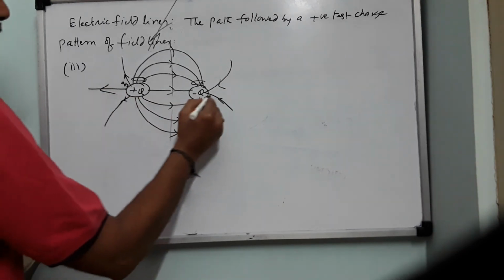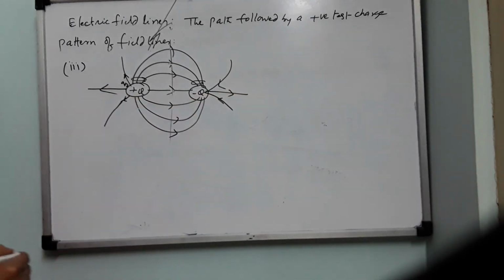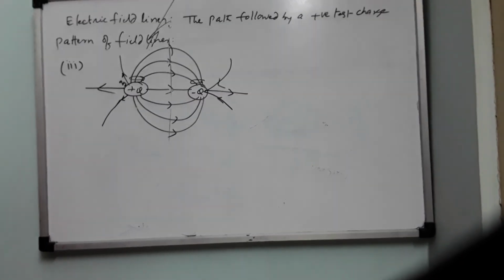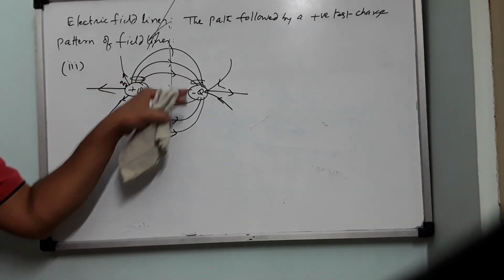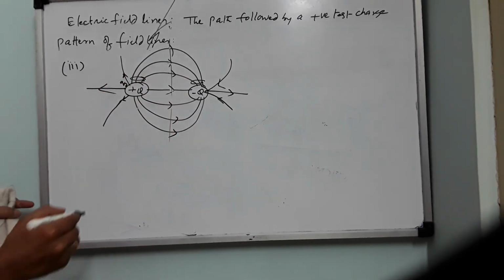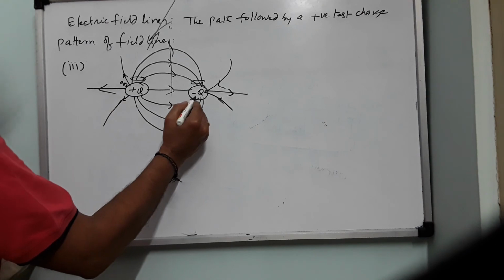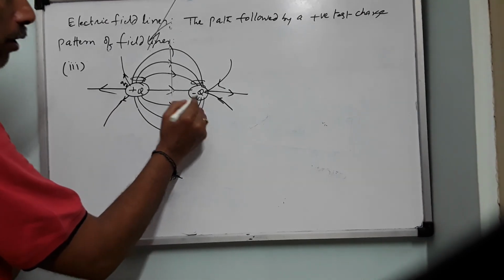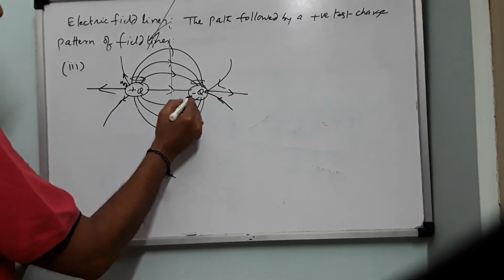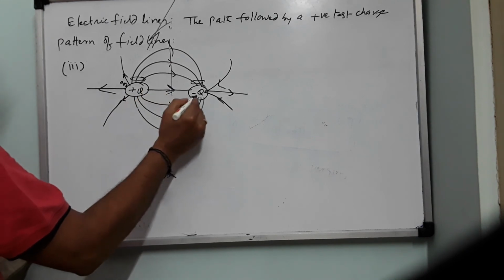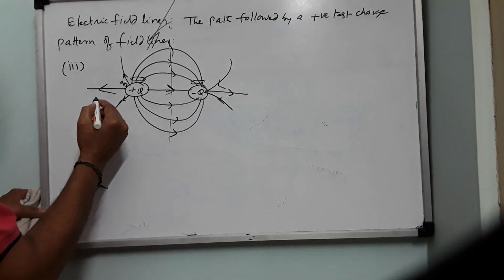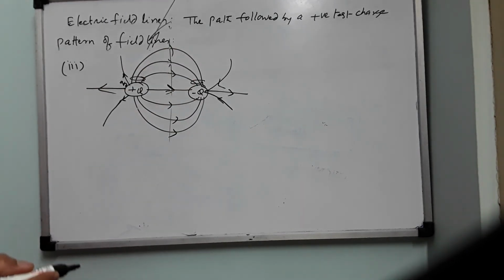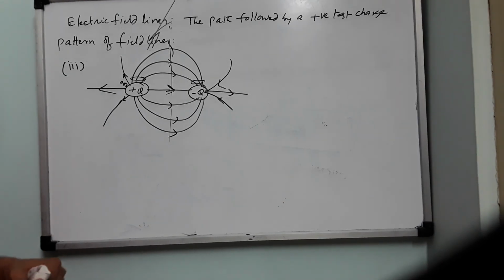Similarly, it is like this. So electric field lines can be curved lines, but remember they are starting from plus Q and ending at minus Q, but they are not again starting from minus to plus Q. They cannot come in this direction. That is why electric field lines cannot form closed loops.